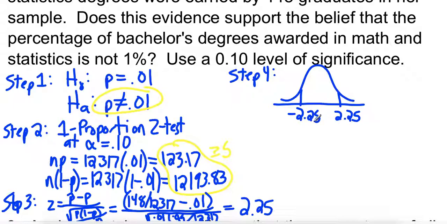It's a two-tailed test because she wasn't sure if it was greater than or less than. So we want to know what's the probability of landing in either of those regions. So our p-value is the probability of either being in this region or this one. They're going to be the same, so we can just double it. So it's 2 times the probability of z being less than or equal to negative 2.25.